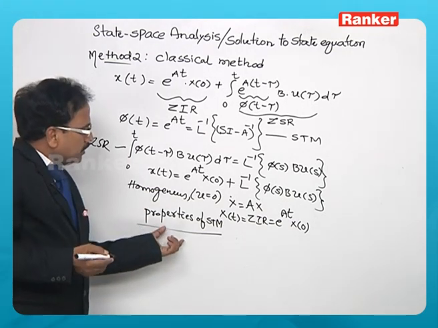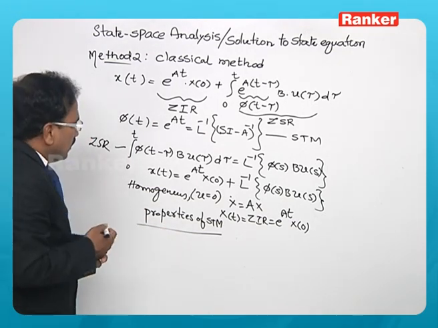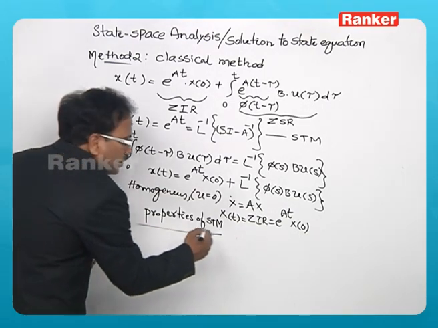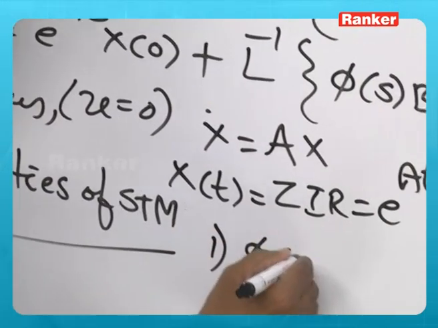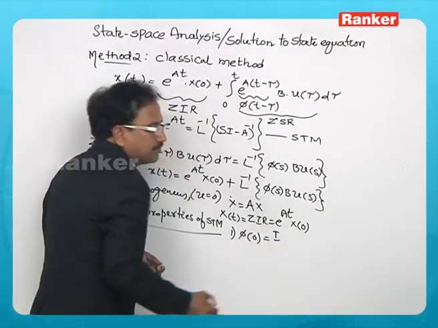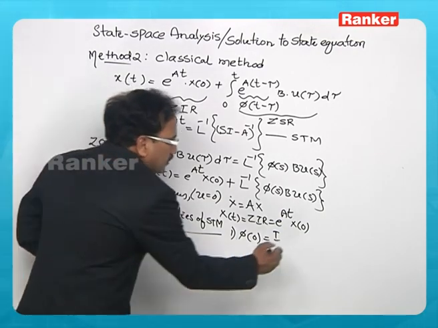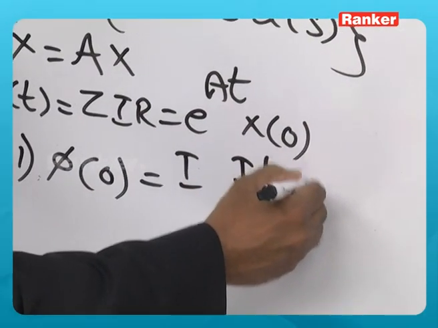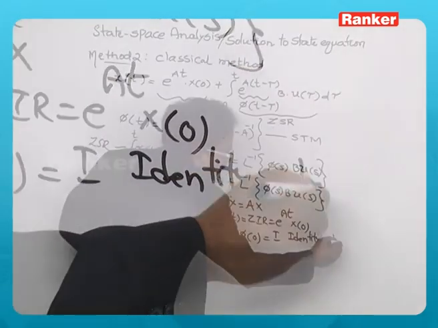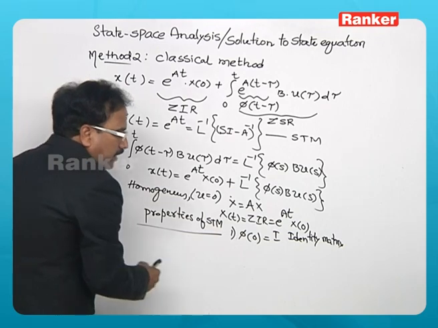It has some properties while solving any system described by a state equation. Number 1, phi of 0 is I, an identity matrix.